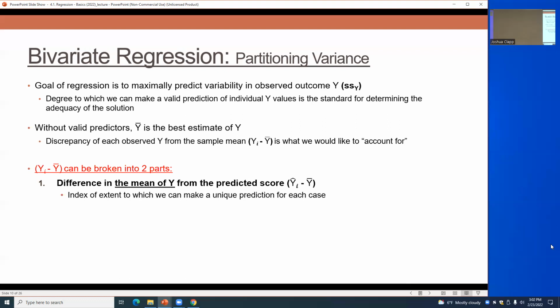Emily, if I say, here's the mean value and here's my predicted value based on my expectation based on number of research hours, what's the difference between my predicted value and the mean value?